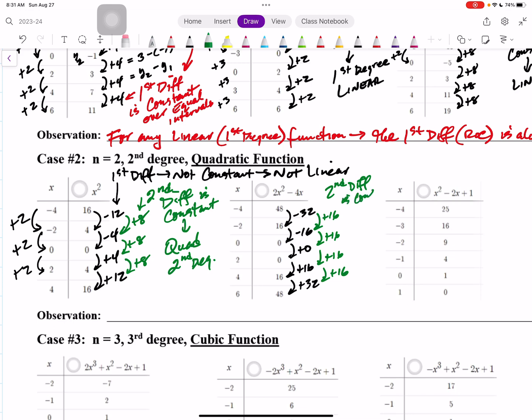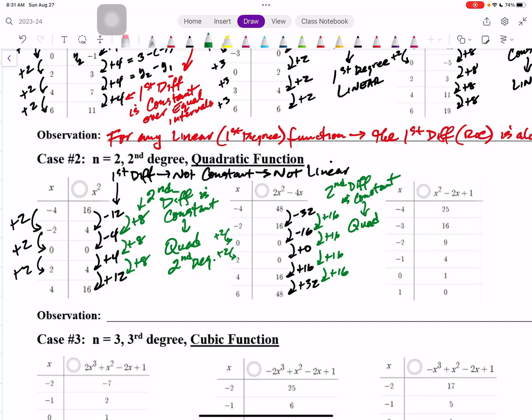You make a note of that. And that implies that you have, and over equal intervals too, by the way. On the left, the interval is 2, so plus 2 here. Notice that we're dealing with equal intervals of x here. And when the second difference is constant over equal intervals, you have a quadratic function.